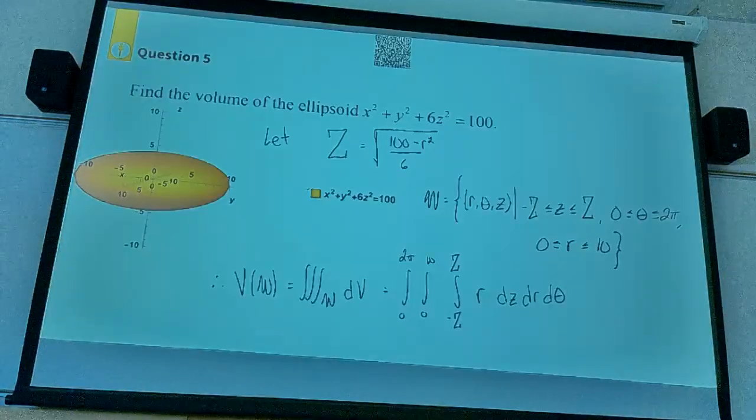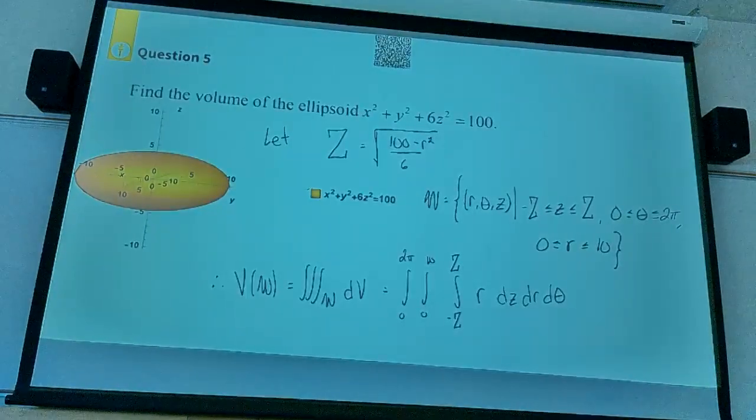That would be the iterated setup. Integrate with respect to theta, you're going to get 2 pi. Integrate with respect to z, it's going to be twice capital Z. Oops, I forgot my R.